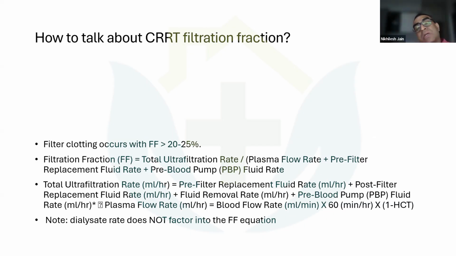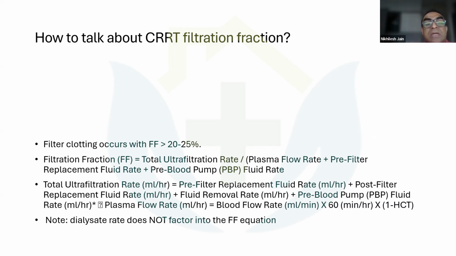Then comes another important term that we should know about: CRRT filtration fraction. Filter clotting is known to occur if your filtration fraction is more than 20 to 25%. So what is it exactly? It is the total ultrafiltration rate divided by plasma flow rate plus pre-filter replacement fluid rate plus pre-blood pump fluid rate.